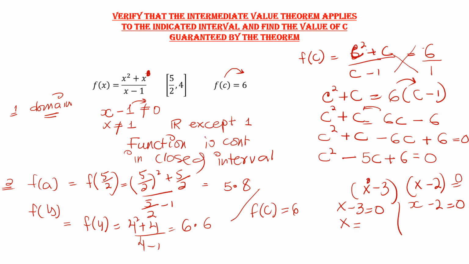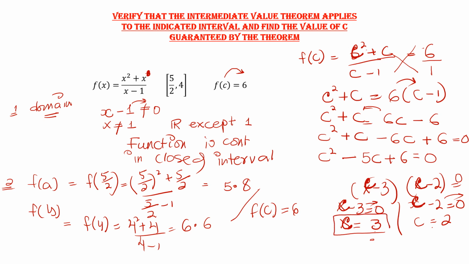Rather than writing x, I should actually write the c value here, because I am finding the c value. So we will get c equals, bring the negative 3 to the other side, it gives you 3, and bring the negative 2 to the other side, it gives you 2. Now check which c values lie between 2.5 and 4. So yes, c equals 3 is the correct answer.